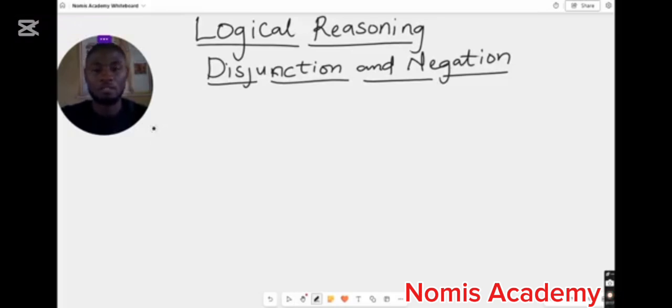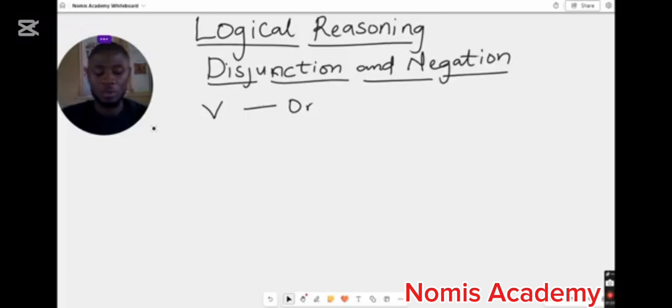Remember, the sign for the connective or looks like the letter V. So when they are connected together using or, P or Q symbolically in logical form is written as P ∨ Q. In logical pattern of writing, P or Q can be written in this manner, and you read it as P or Q.